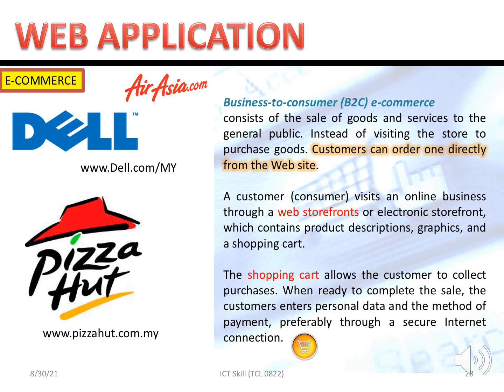For example, a company like airasia.com, Pizza Hut, Apple, Dell, Canon, or a company of any other product. They provide a web which contains the items and also the prices. So the customer can buy from the web. So that is the meaning of business to consumer.